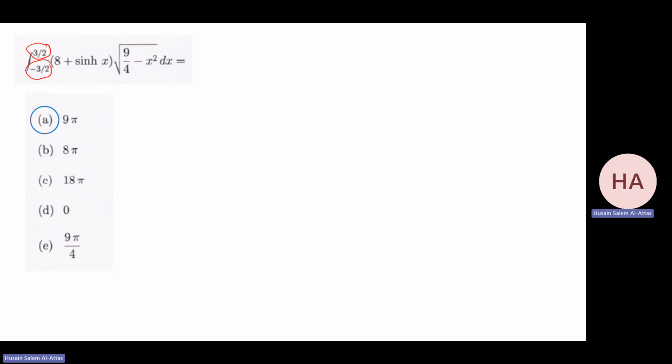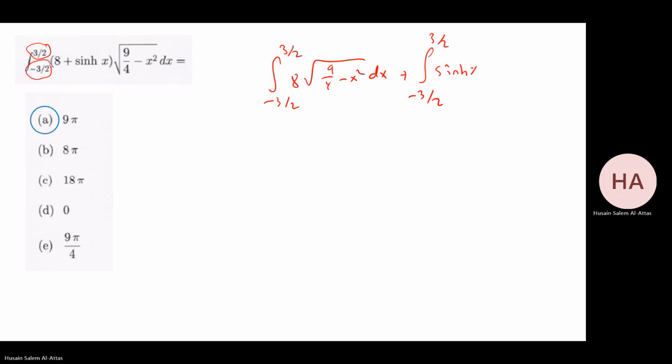What you need to do now, this one is the integral from minus 3 over 2 to 3 over 2 of 8 square root of 9 over 4 minus x squared dx, plus the integral from minus 3 over 2 to 3 over 2 of sinh x times the square root of 9 over 4 minus x squared dx.